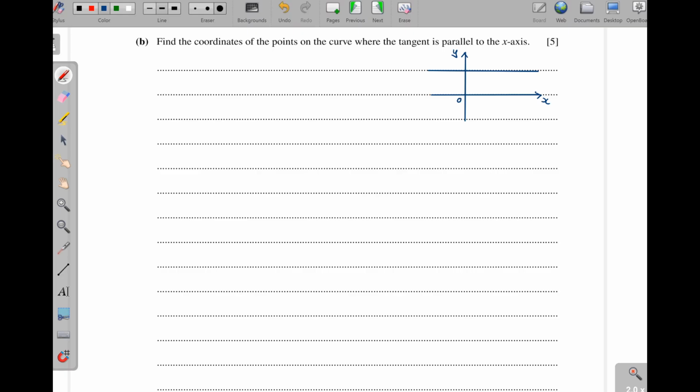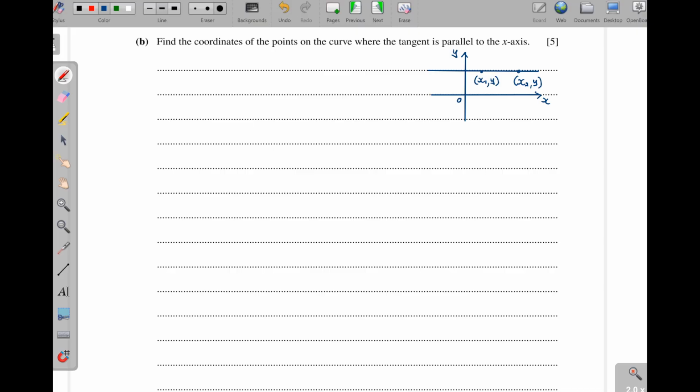Now this line here, which is parallel to the x-axis, has points where the x's are changing, but the y's are all constants. So we have x maybe 2, and then we have y.